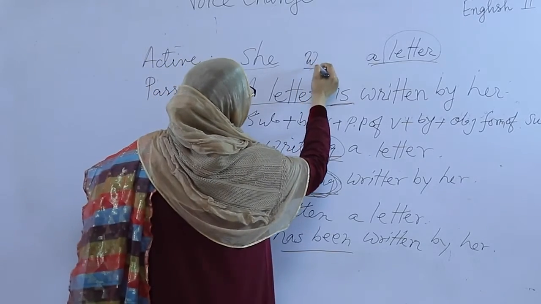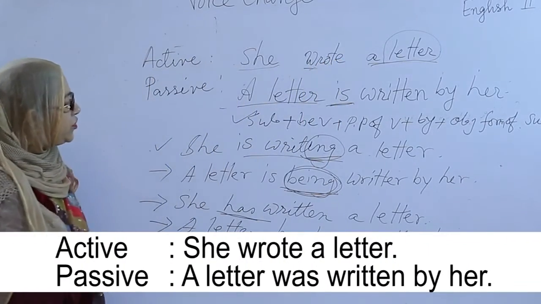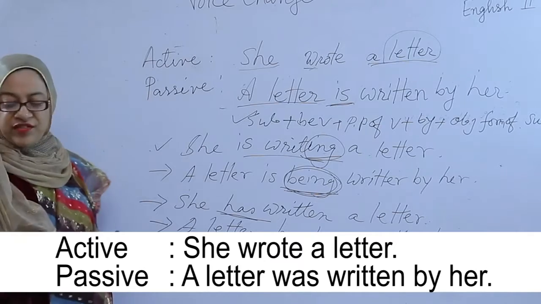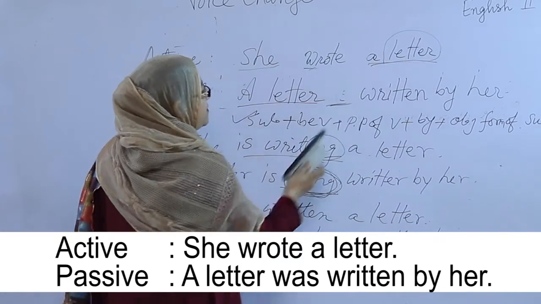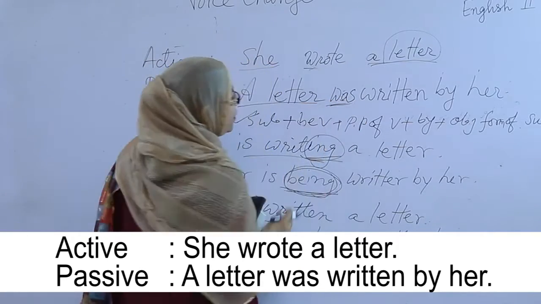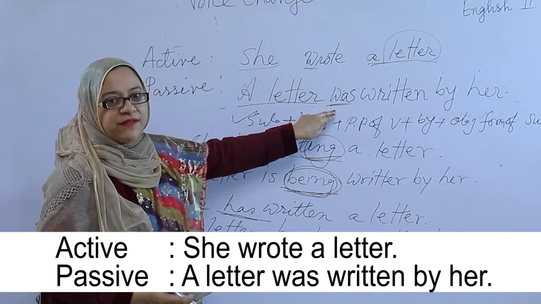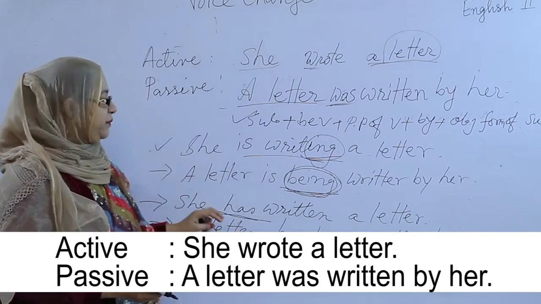I change the verb: she wrote a letter. How can I change it into passive? I only change a letter was, because was is the past form. A letter was written by her.